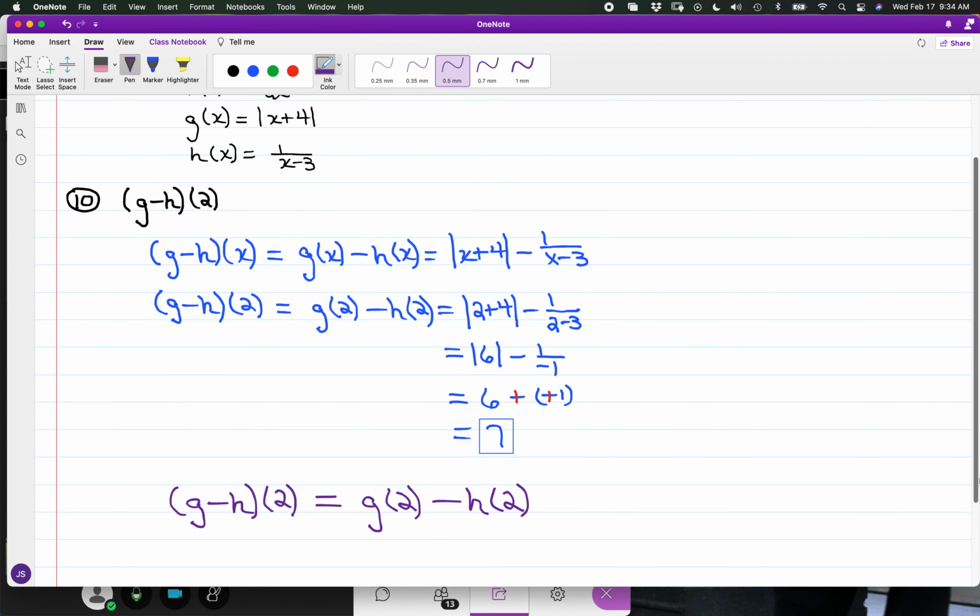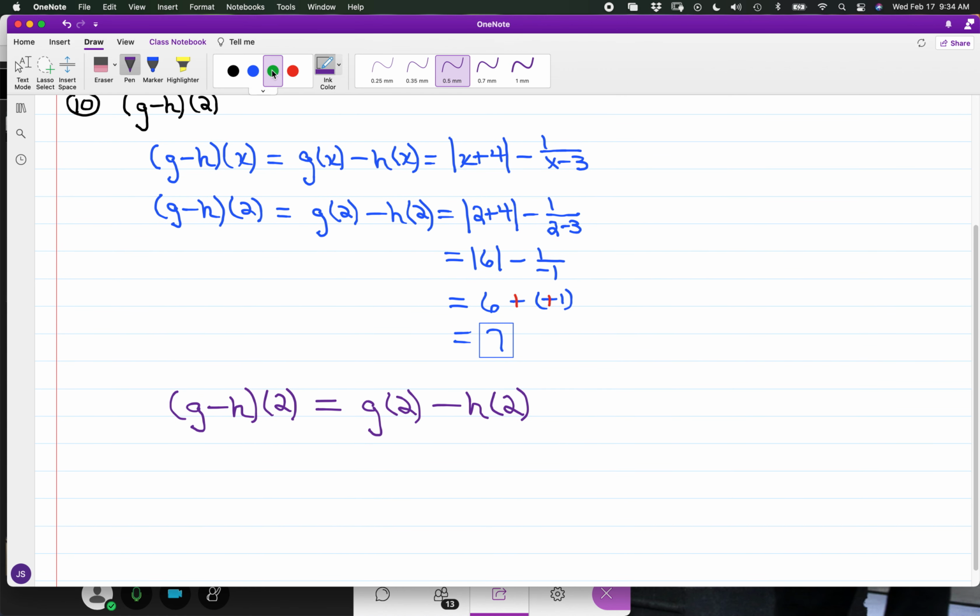Again, g of x is the absolute value of x plus 4. So again, you have g of 2, we have equal to the absolute value of 2 plus 4. Again, we have the absolute value of 6. So g of 2 is equal to 6.